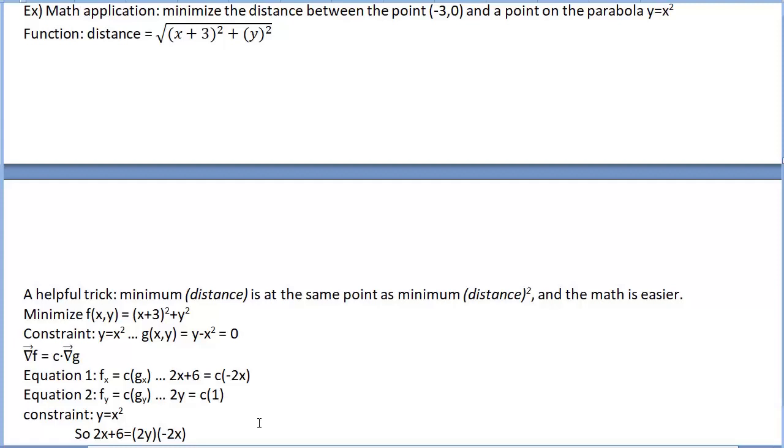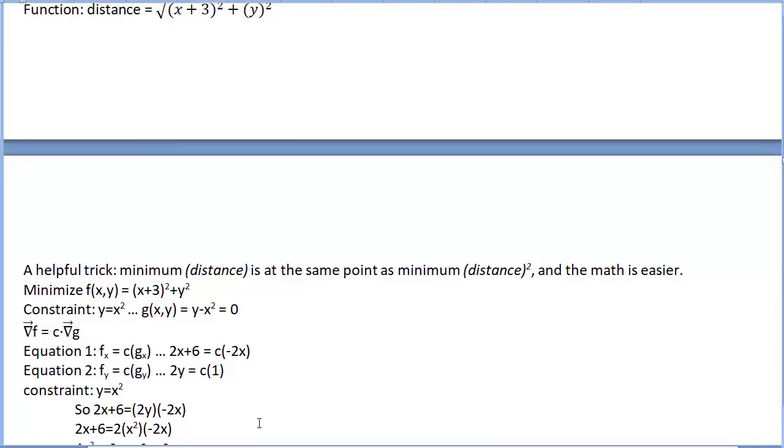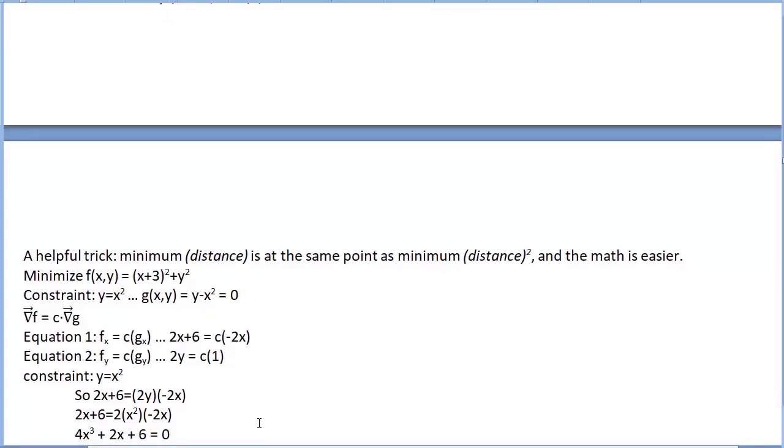And further, the constraint has already solved for y, so we can replace y. This gives us 2x plus 6 equals 2 times x squared times -2x. So working that out, we get 4x cubed plus 2x plus 6.